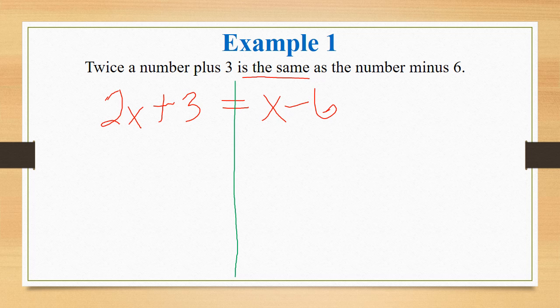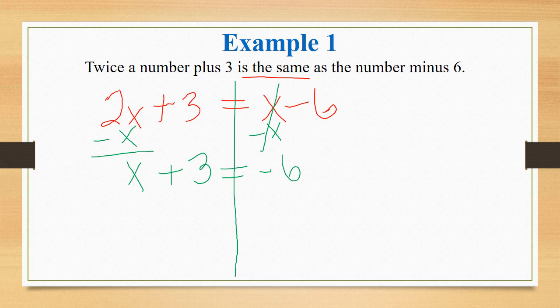I need to move my x's to one side. What I suggest is always moving your smallest x. If I have 2x and 1x, which one am I moving? The 1x. It's positive, so when I move it, it becomes a negative. What I do to one side, I do to the other. It cancels out, and I'm left with x plus 3 equals negative 6.